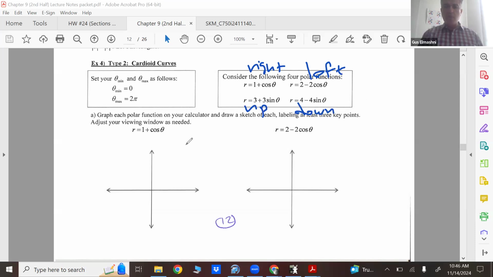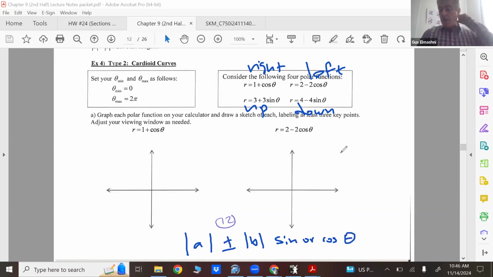And remember, generally speaking, the absolute value of A plus or minus the absolute value of B sine or cosine theta. As long as this is true, you're going to get a cardioid.